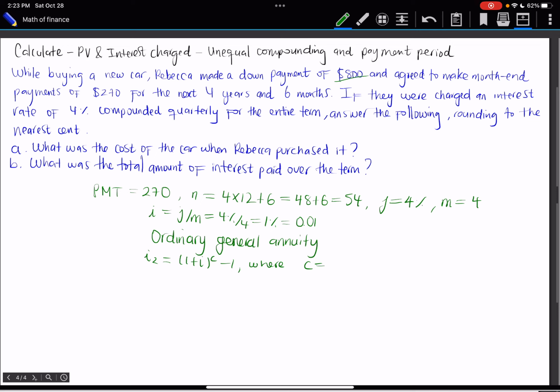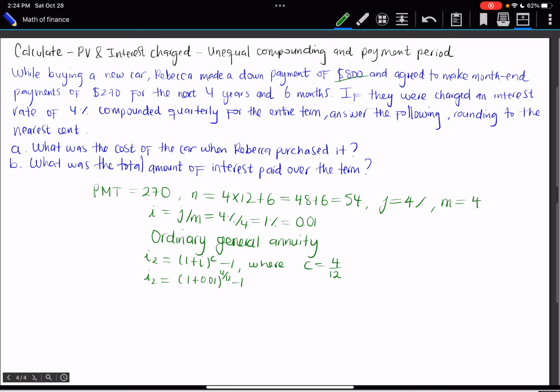Now we have the number of compounding periods per year, that's 4, divided by the number of payments per year, that's 12. So what we have is that I2 is 1 plus 0.01 to the 4 over 12, take away 1.